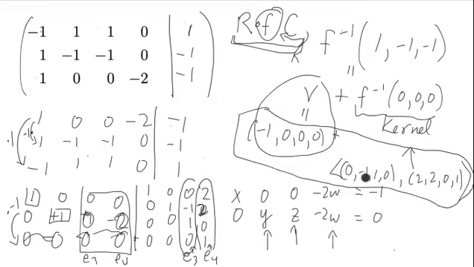For instance, if we added this guy plus this guy, we would have -1, -1, 1, 0. Let's see what happens here. -1 would be a +1, then -1 would be 0, and then we add 1, we get a 1. We have successfully found all the solutions to this system of equations.